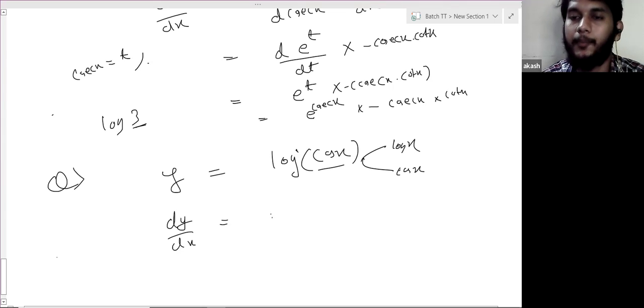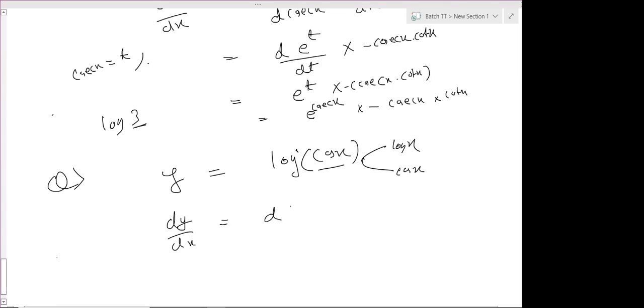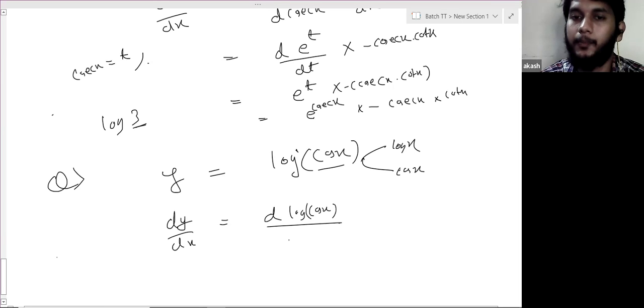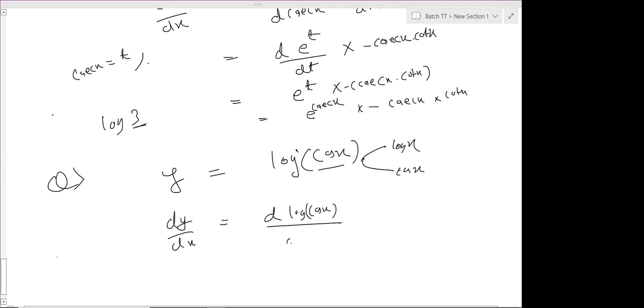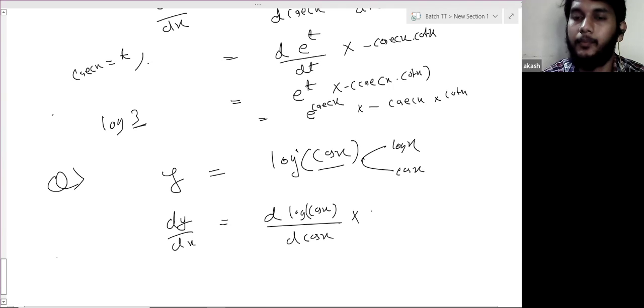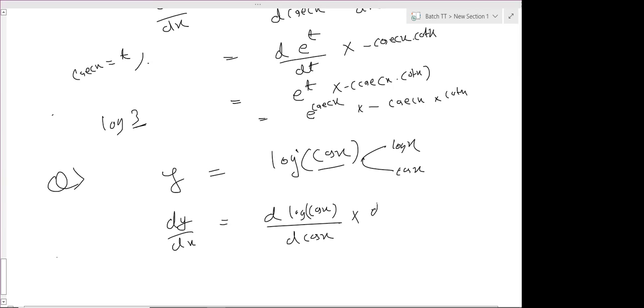dy by dx is d of log cos x with respect to cos x, into d of cos x with respect to x. Now what is the next step?